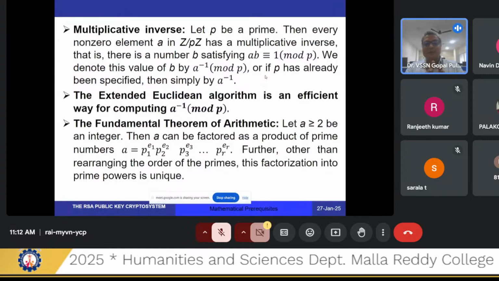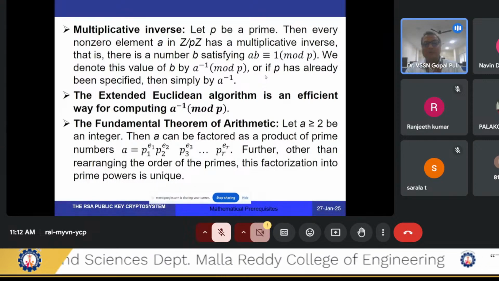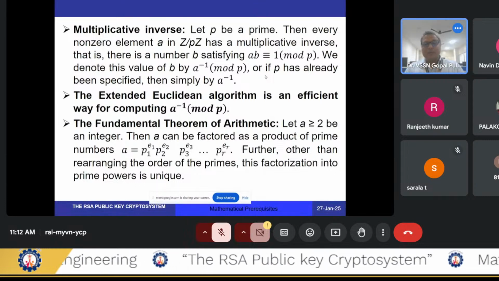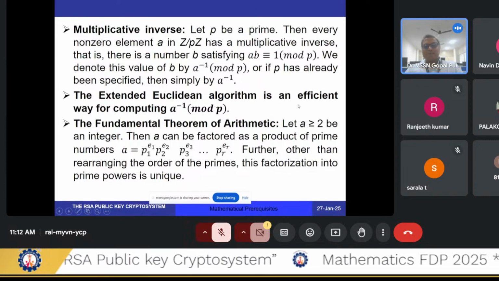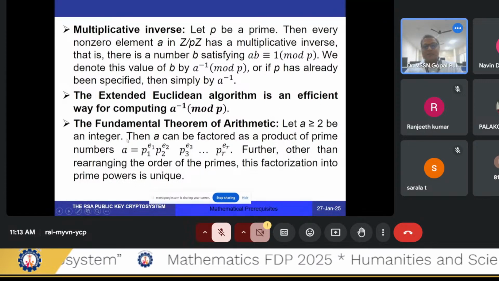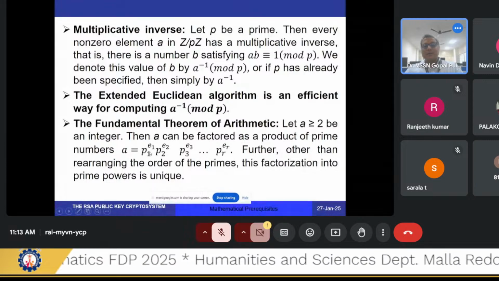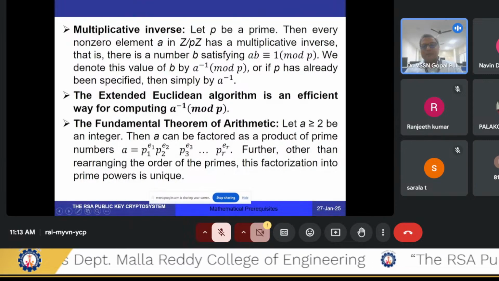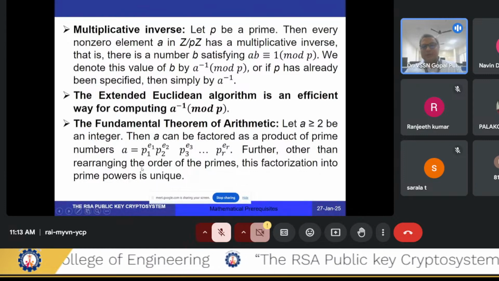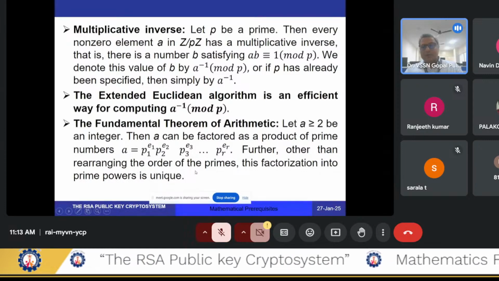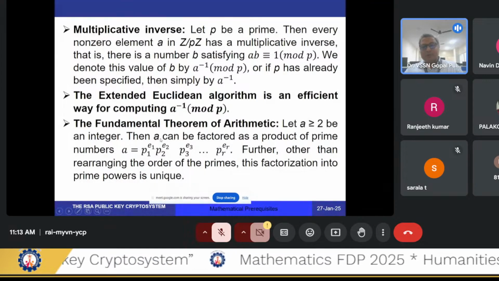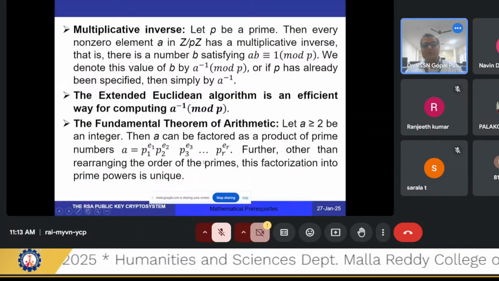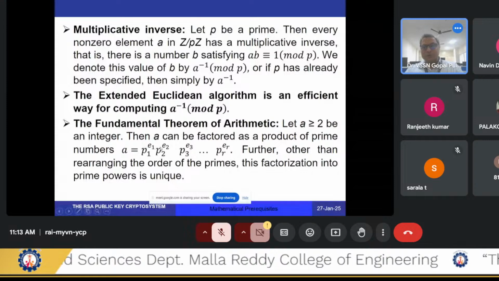A can be written as p1 power e1, p2 power e2, and so on, pr power er. Other than rearranging the order of the primes, this representation of a is unique.